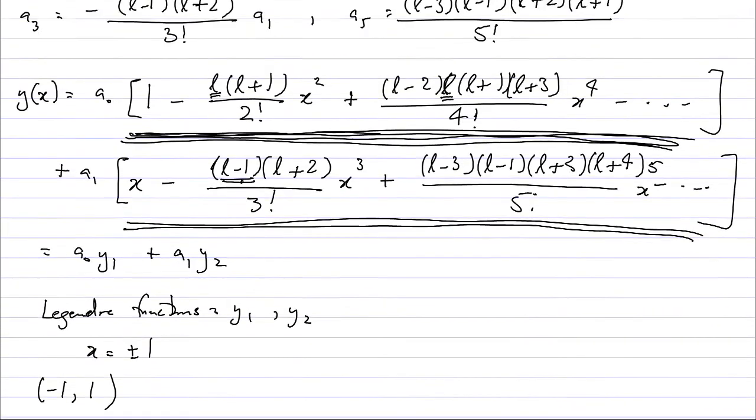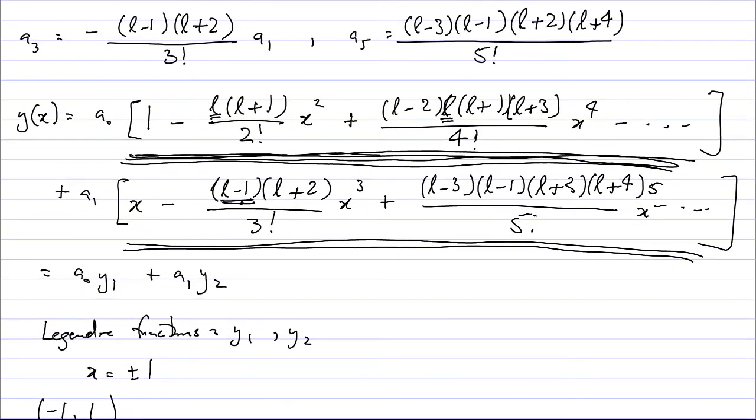If L is equal to 2, then what? If L is equal to 2, this is non-zero, of course, but this is 0 because of this term. So if a4 is 0, then a6 is 0, and so on.